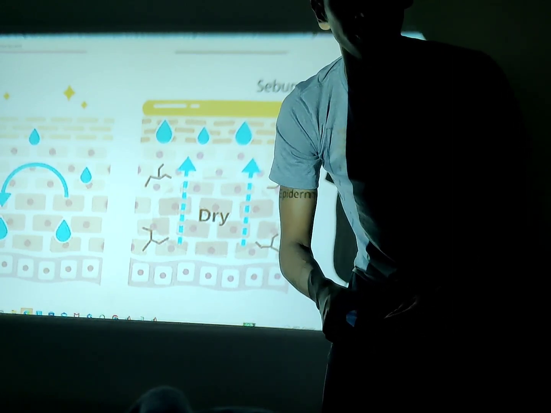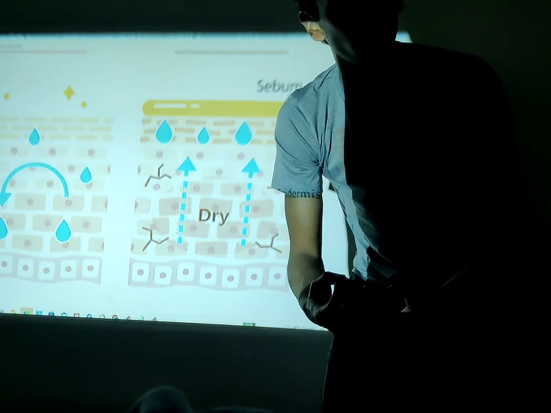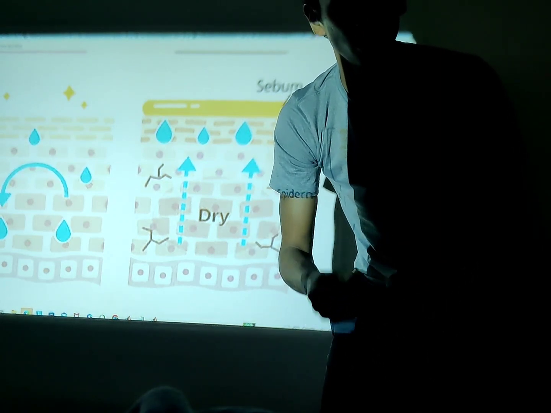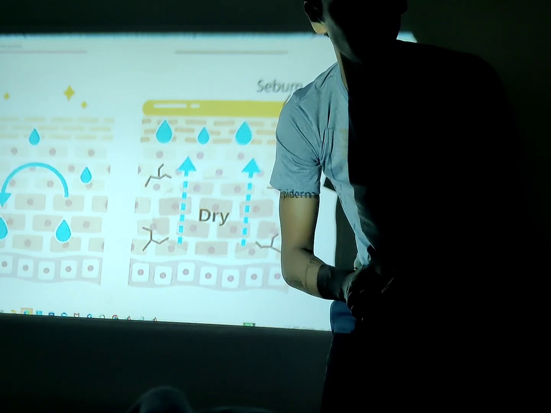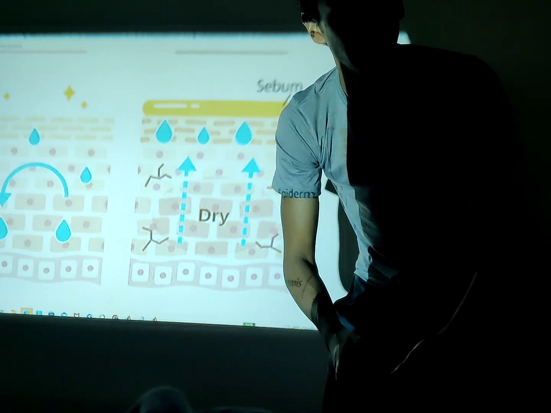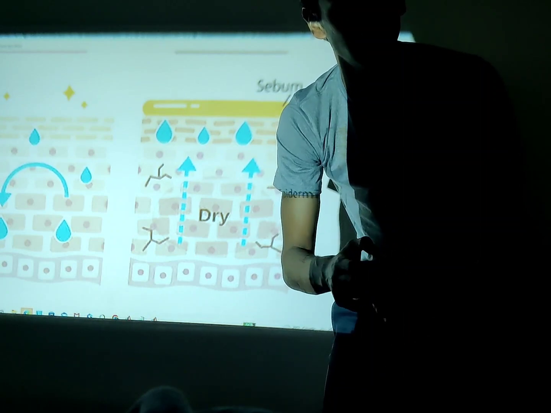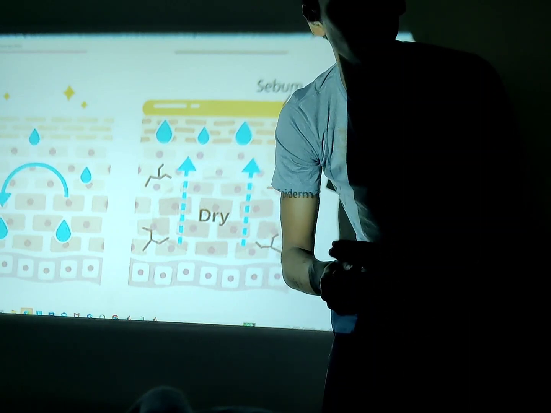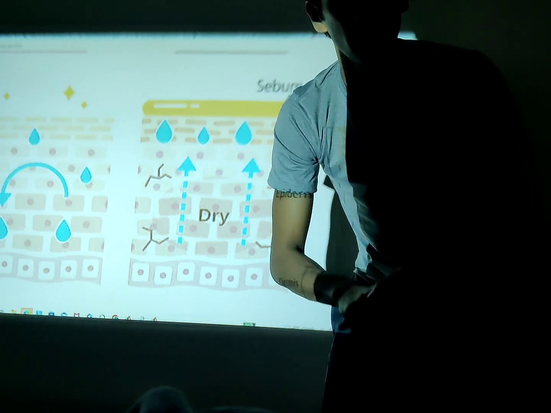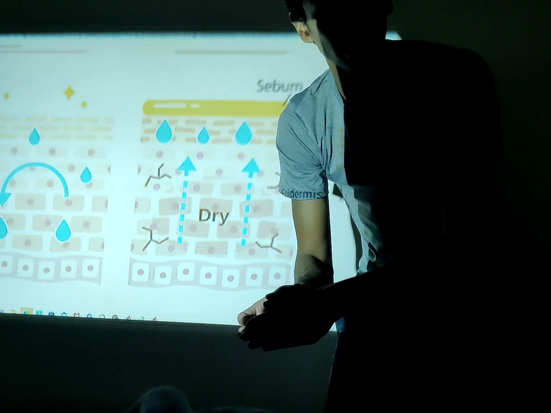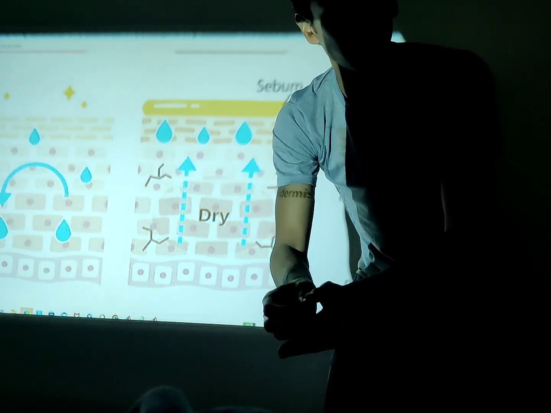But one example where it may not work too well is with acne, because acne occurs when too much oil is produced in the skin glands called sebum, and too much of this oil can clog up the pores and cause bacteria to thrive in those areas. So that leads to the acne, and if you put Vaseline on those types of areas, it clogs up the skin even more.